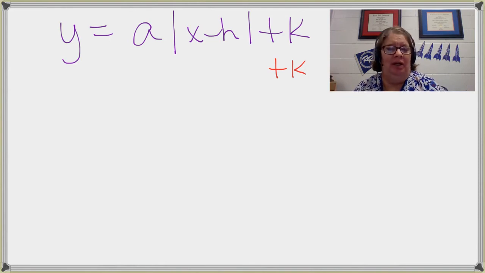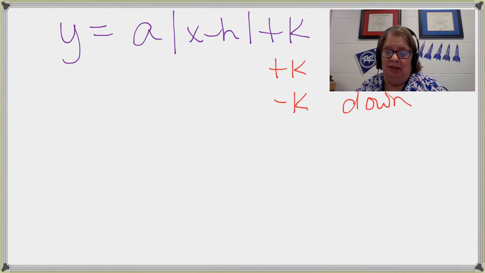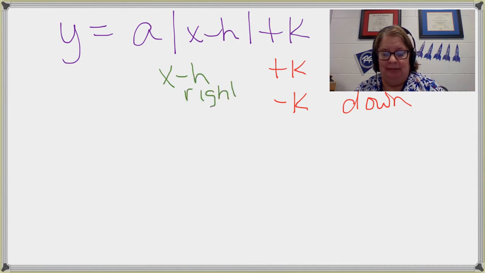Anything vertical means up and down. Minus k goes which way? Down. The h. If you have x minus h, that's going to the right. If you have x plus h, that's going to the left.